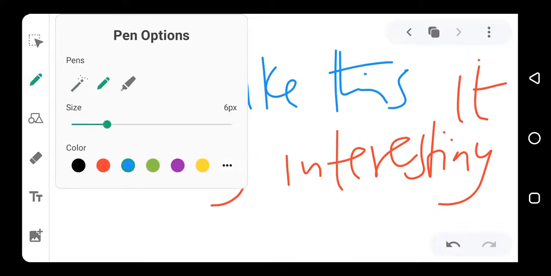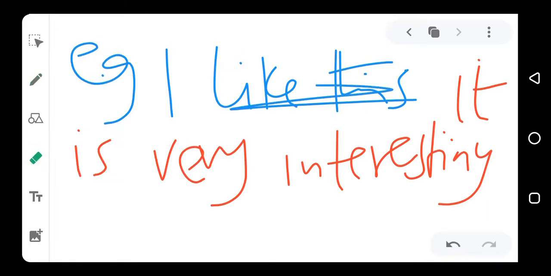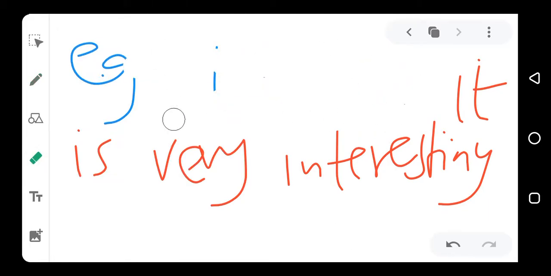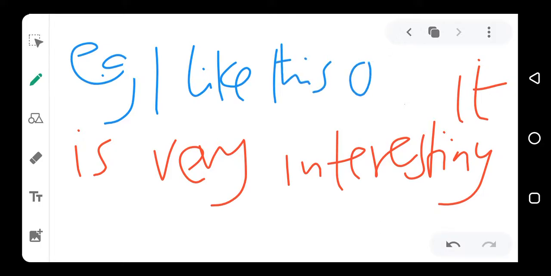"I like this class" can stand on its own as a complete sentence. "It is very interesting" is also a complete sentence. So there are two independent clauses and they are coming together to form a single sentence. So we have to separate the two of them with a semicolon and not a comma.